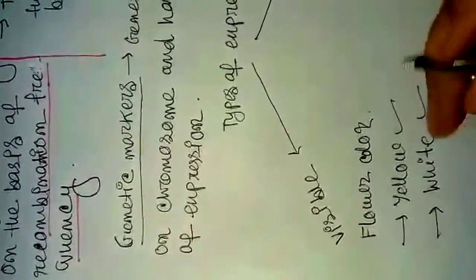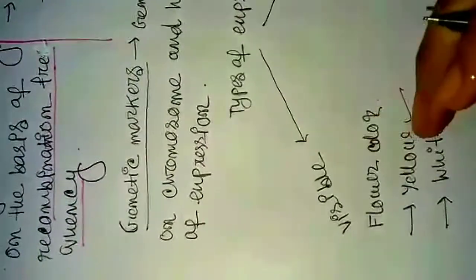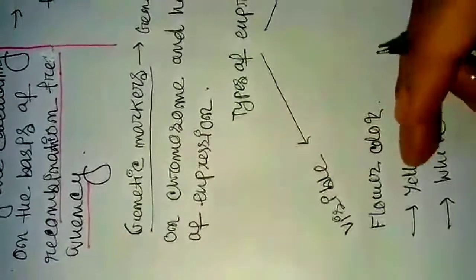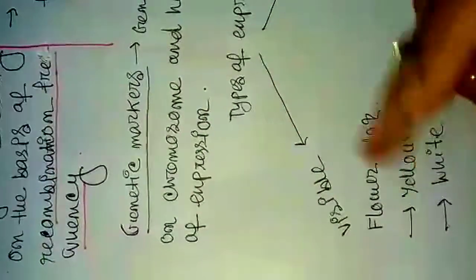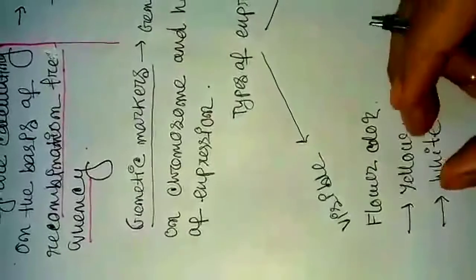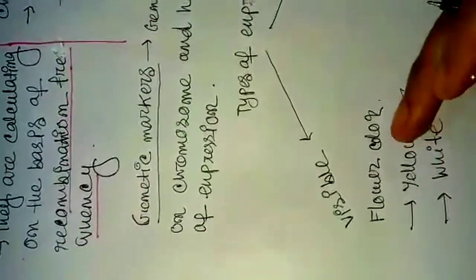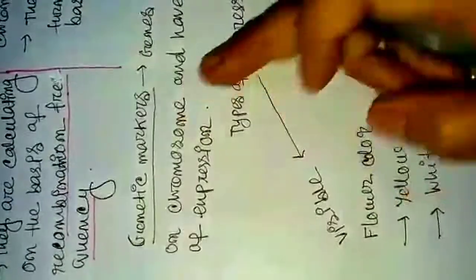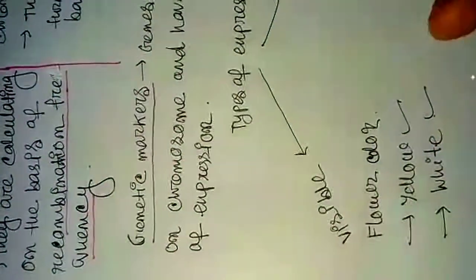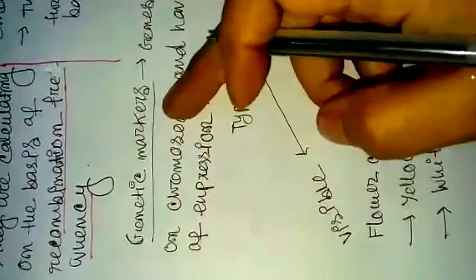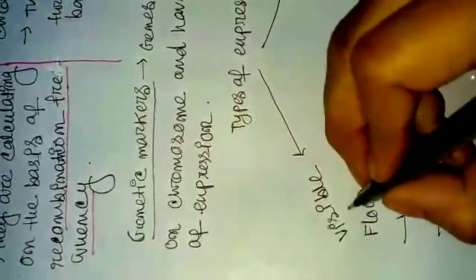So by visualizing the flower color we can say whether the genetic marker is present or not. If the flower color is yellow, then the genetic marker is present. If the flower color is white, there is no presence of this genetic marker. This is the visible genetic marker.